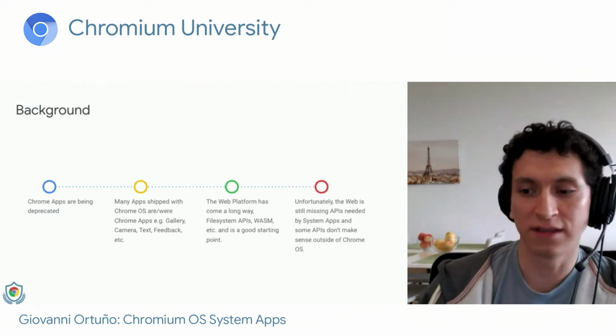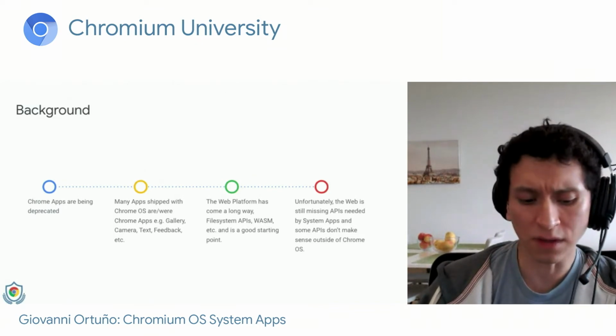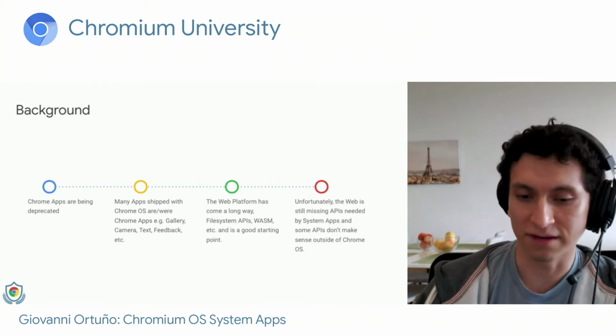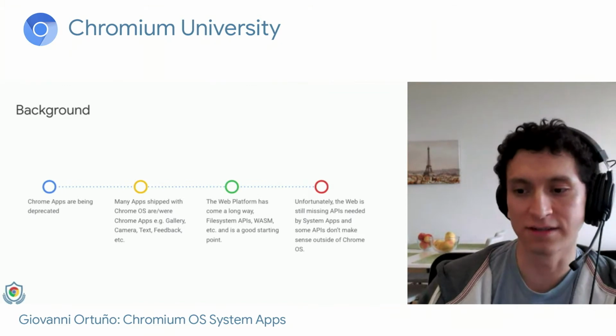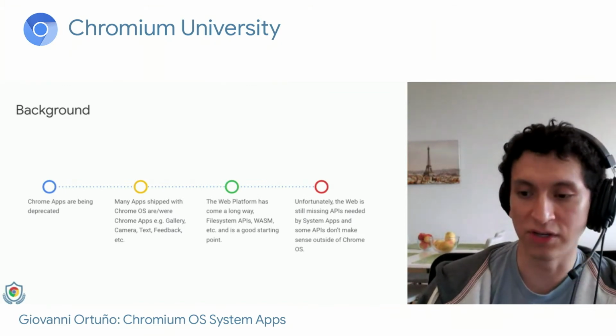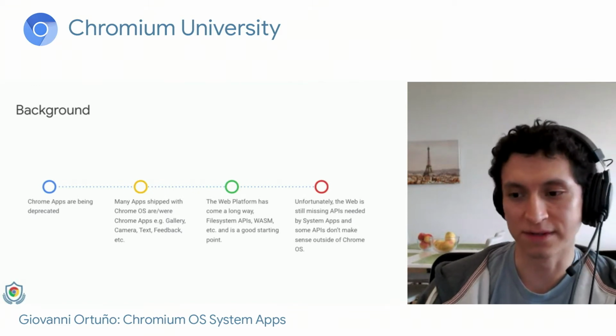Unfortunately, the web didn't have all the APIs that system apps need. Things like access to all of the files, notifications, stuff like that didn't really make sense on the open web, but are critical for system web apps.